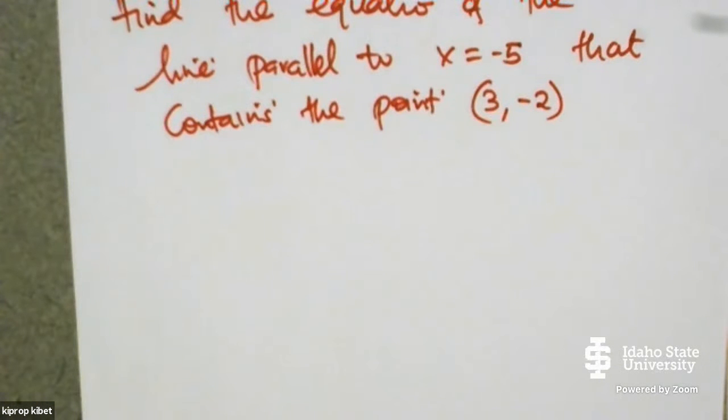Find the equation of the line parallel to x equals -5 that contains the point.